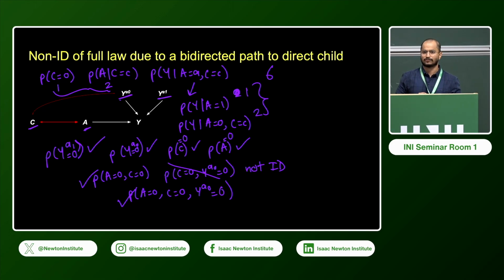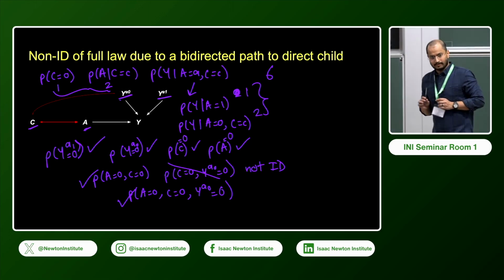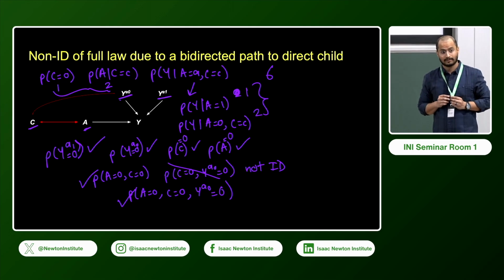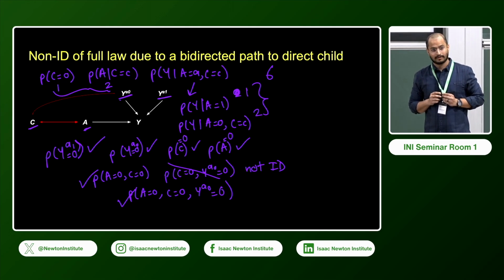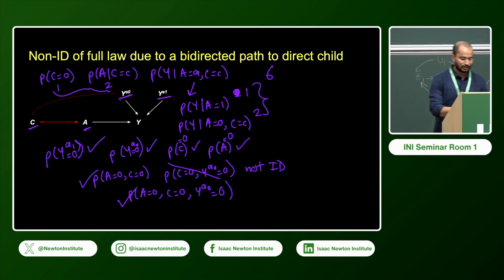I'll pause for questions for a sec here. Yes? I'm not sure if it's purely terminology, but how can we still be identifying only single world parameters if we are imposing a confounding structure that is different for YA0 and YA1? So I'm just moving to a submodel.